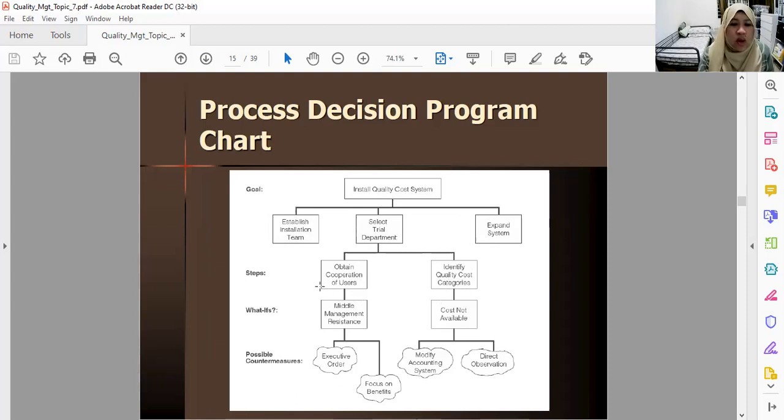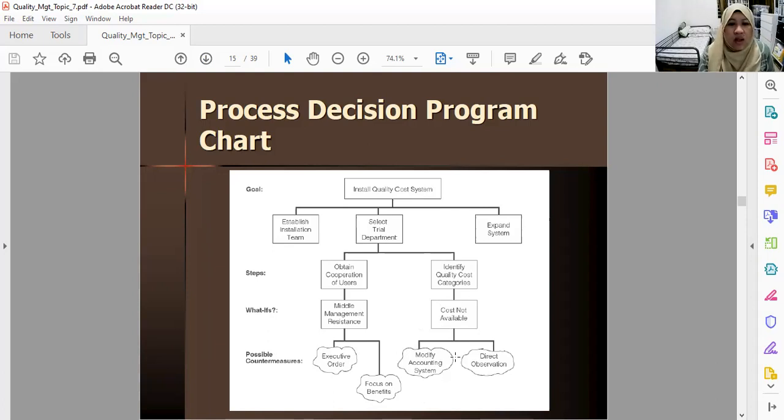And of course there will be middle management resistance, what if they have some objection towards this project, for example. And in here the cost is not available, meaning if there is no budget itself. The possible countermeasure is the executive order, which comes from instruction from the top management, and then they will focus on the benefits. For the cost not available, they will modify the accounting system, and there will be direct observation.